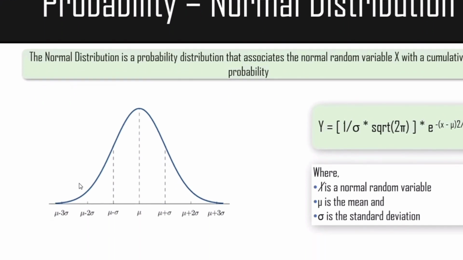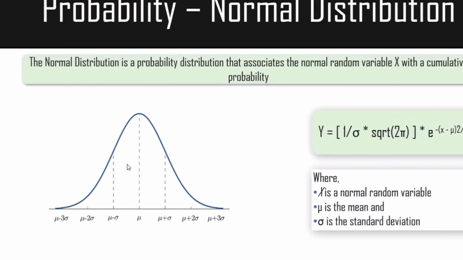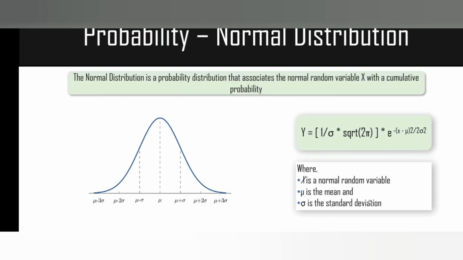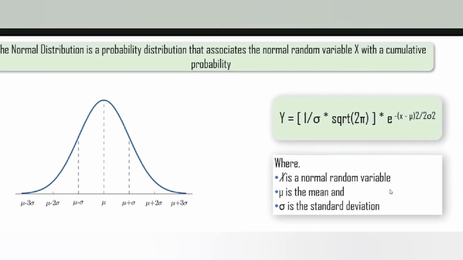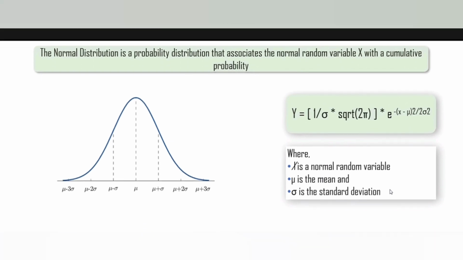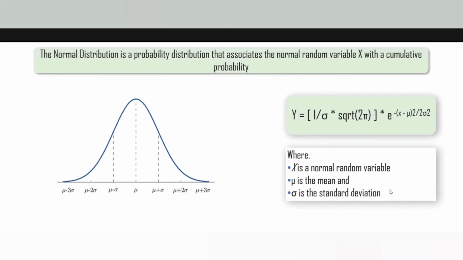The next thing is normal distribution. Normal distribution means a probability distribution that associates the normal random variable x with the cumulative probability. Here x is the normal random variable, mu is the mean, and sigma is the standard deviation.